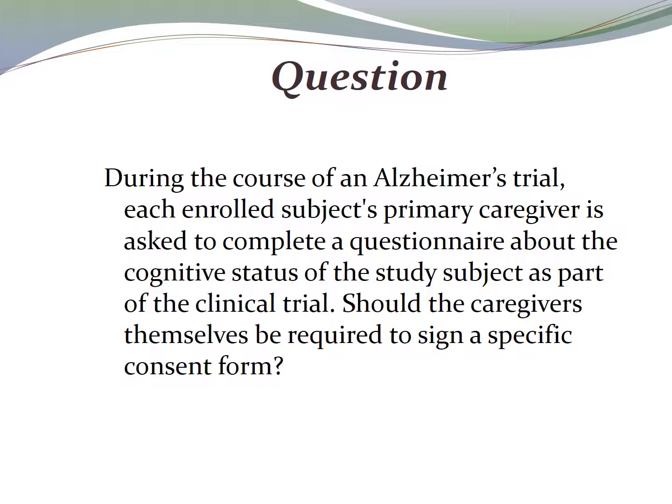It is a clinical trial requirement. And I think that you would be misinformed to not ask them for their consent to participate. So this one I think is pretty straightforward, that you would have the consent of the primary participant and then their caregiver as well.